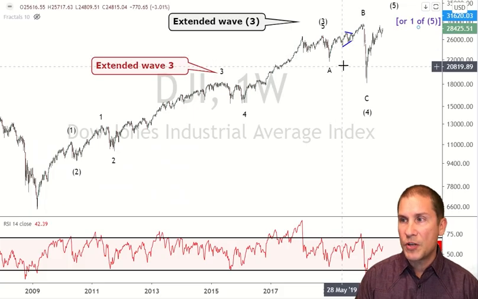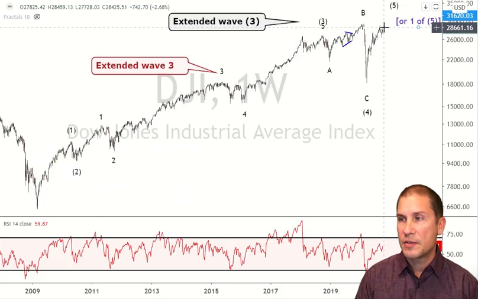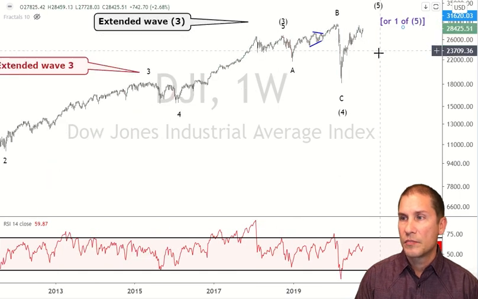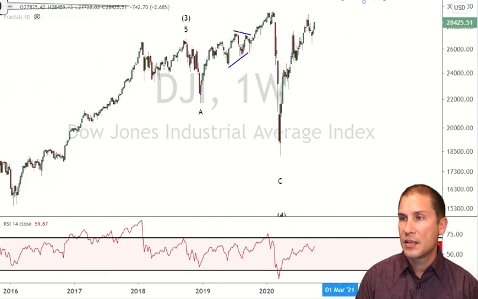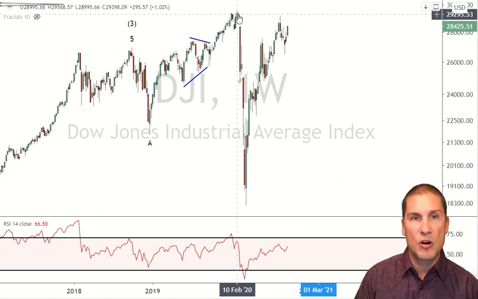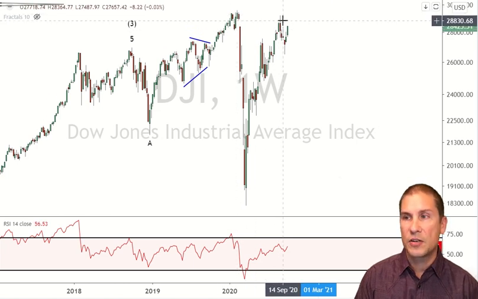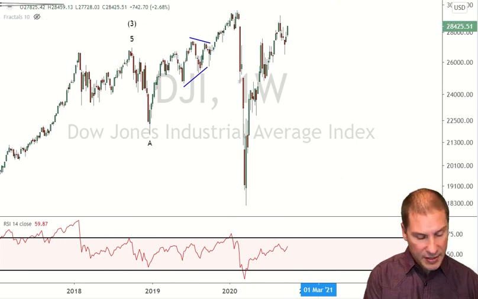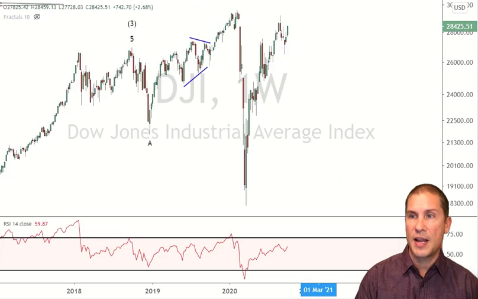First of all, you'll notice that the high that we've seen in September is below the high that we saw in the early part of 2020. The recent high here in September is lower than the high that we saw in February. Now I want to contrast that to the Nasdaq.